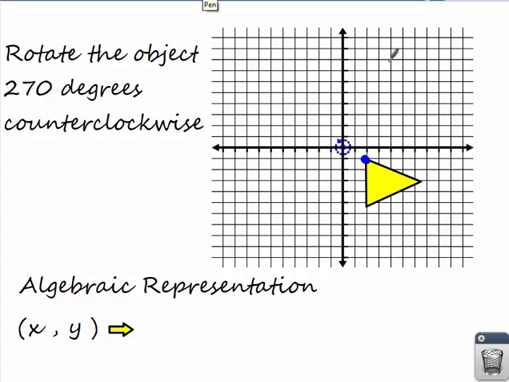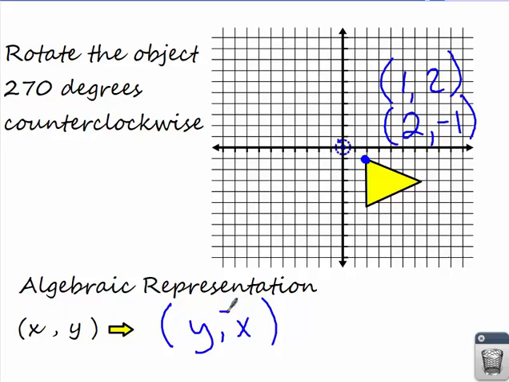Our original point again was (1, 2). But what happened to this one? What is my new point when I do a 270-degree rotation? It is (2, -1). So when we look at the algebraic representation of a 270-degree counterclockwise or a 90-degree clockwise turn, our x and our y will trade places again, but this time, which one changes to its opposite?